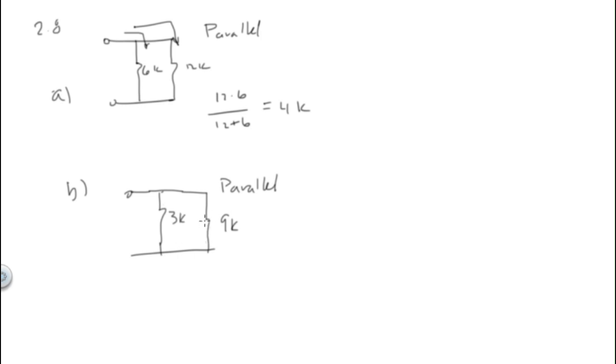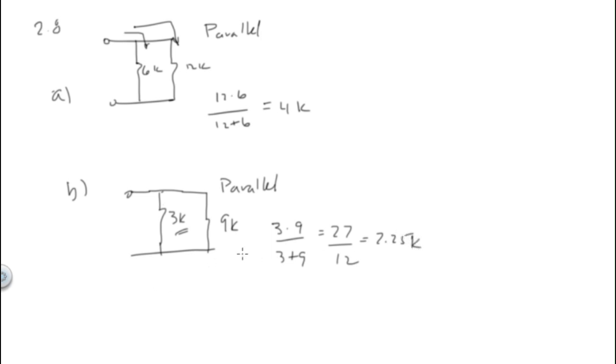If they're parallel, you can kind of see it, and use the parallel rule, which is 3 times 9 over 3 plus 9. That's product over sum, or you could use the reciprocal rule, but product over sum, if you just have 2, it's 27 divided by 12. It's 2.25, which is a little bit less than the 3, which is what we're looking for. So this is 2.25 k ohms.